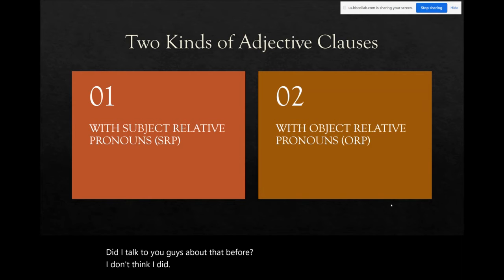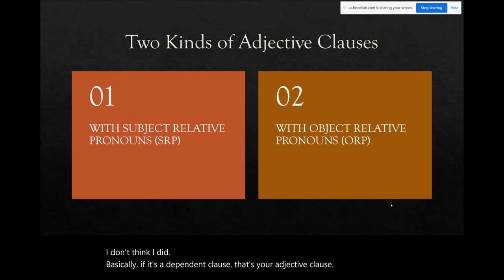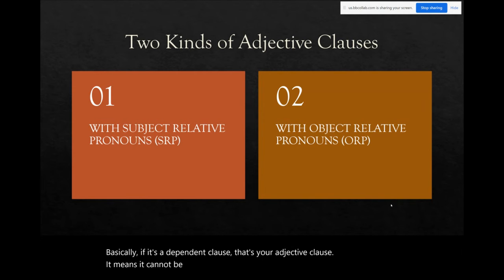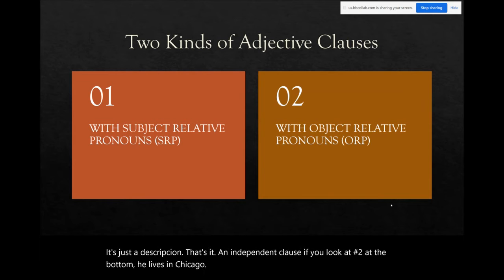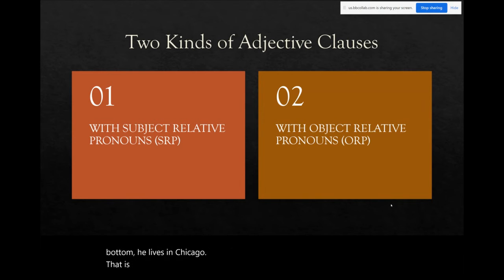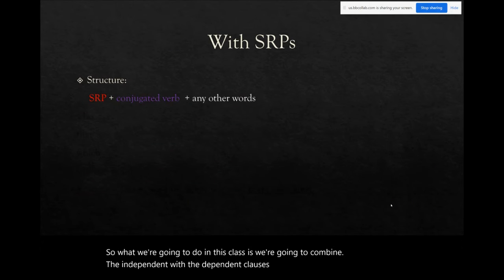Basically, if it's a dependent clause, that's your adjective clause. It means it cannot be by itself. It's just a description. That's it. An independent clause, if you look at number 2 at the bottom, he lives in Chicago, that is independent. It is not an adjective clause. So what we're going to do in this class is we're going to combine the independent with the dependent clauses. And that will create a sentence with the adjective clause.